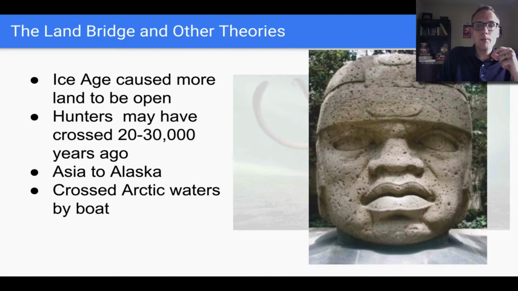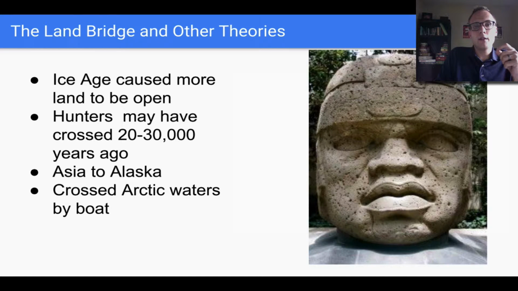But some people even argue that people from Africa took boats to the Americas, and they claim that because of these statues that are in Central America, these large, giant statues, taller than people. And the way their features are laid out, a lot of people, archaeologists, say that they look as if they are African in descent, these statues. So there's a lot of theories, but like I said, the most accepted one is the land bridge theory.